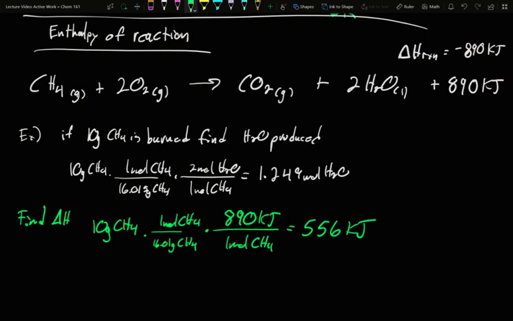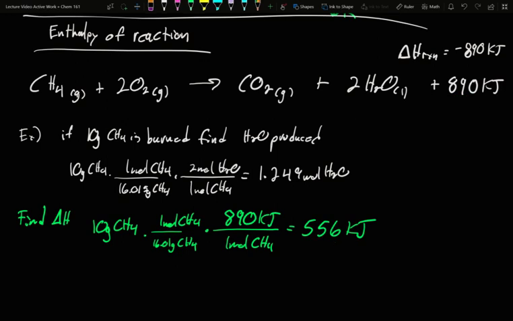If an entire mole of methane had burnt with oxygen, the rearrangement of all of those atoms would have yielded 890 kilojoules of energy. We had less than a mole of methane rearranging with oxygen, so we have less than that energy. But 10 grams versus 16, about a third. 556 versus 900, about a third.